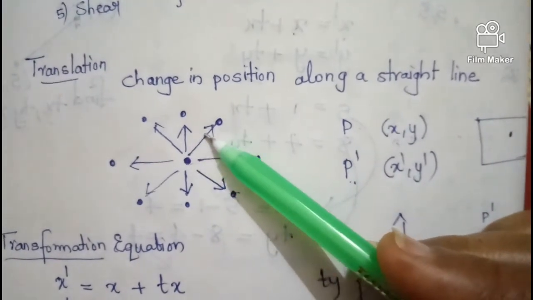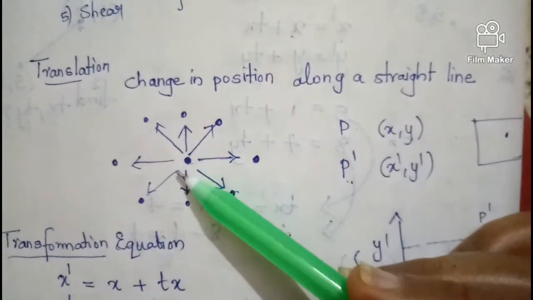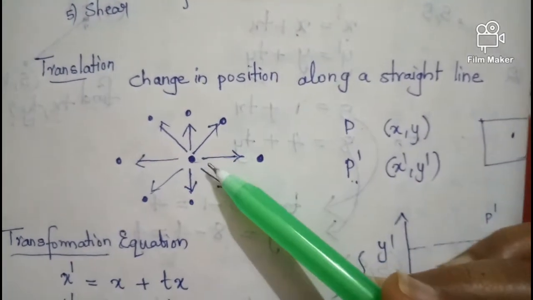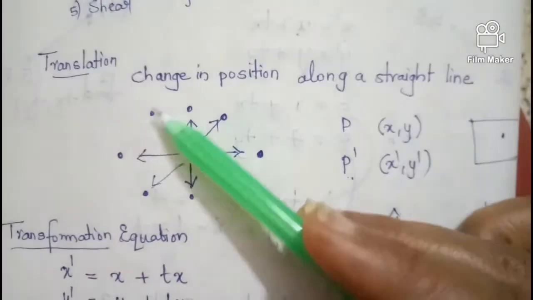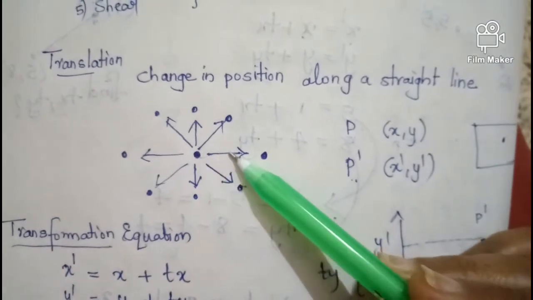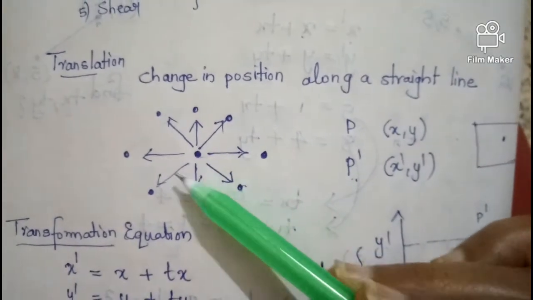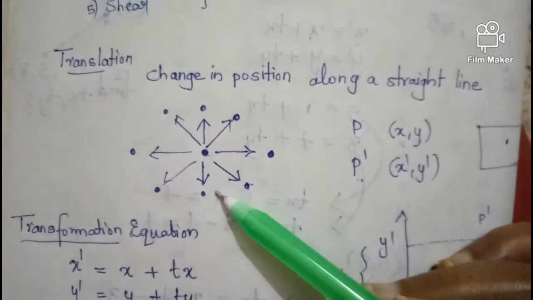If the object moves in this direction, or this direction, or this direction, in whichever direction the object is moving, all these are straight line movements.